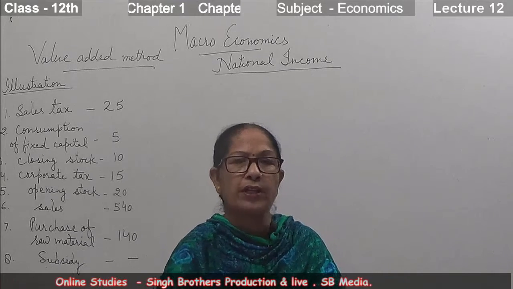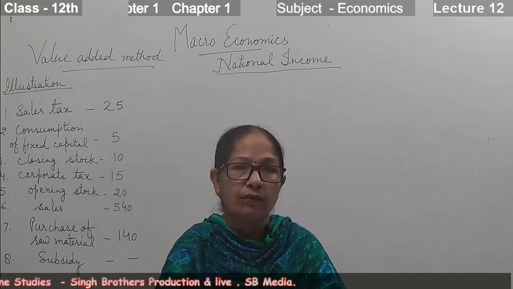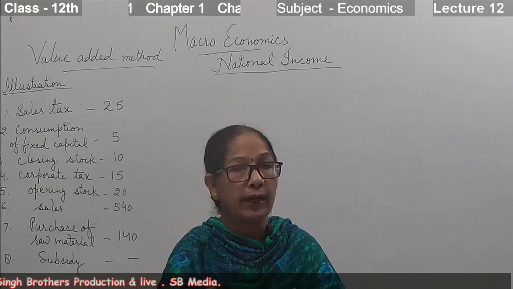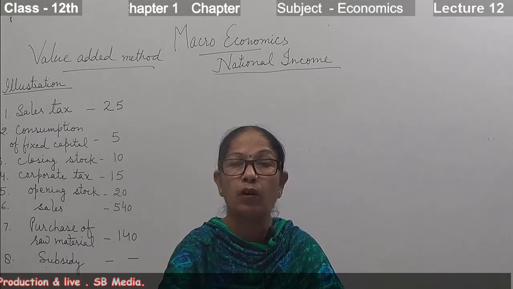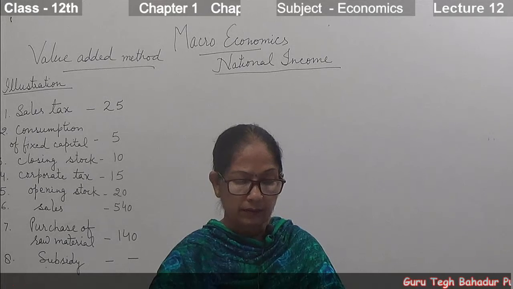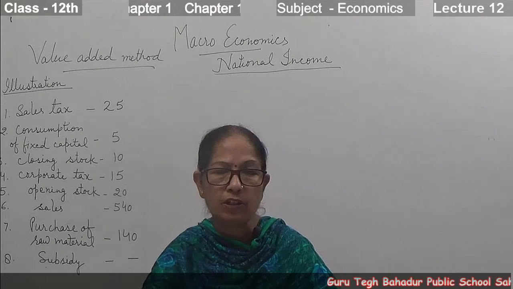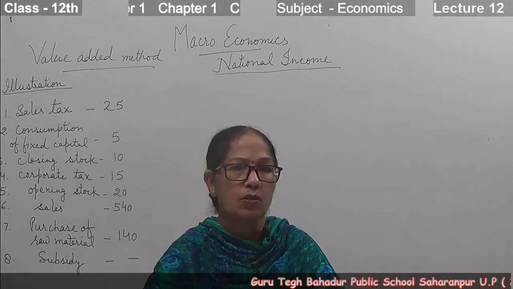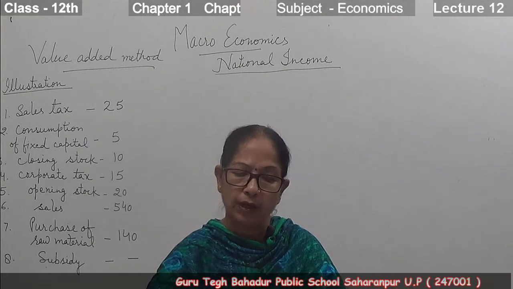So to avoid double counting, we only take value added and not value of output. Double counting always gives a false picture of national income, so we don't take value of output.